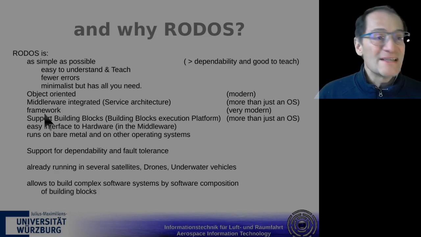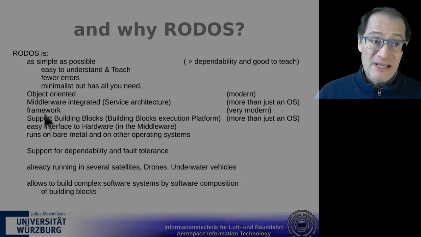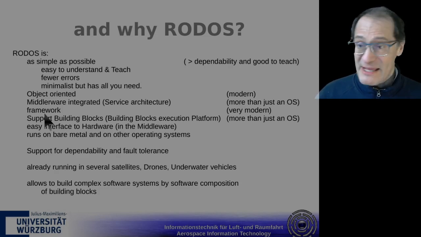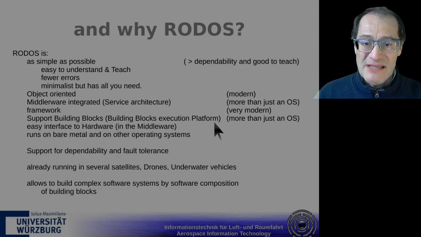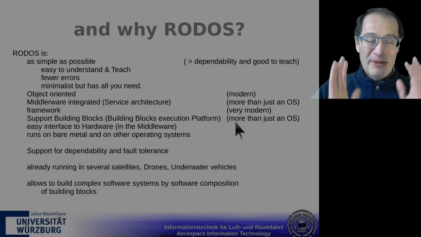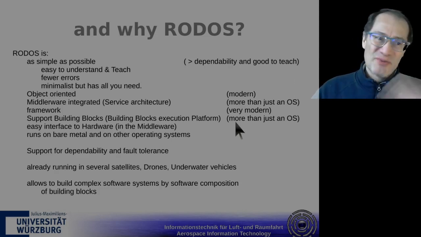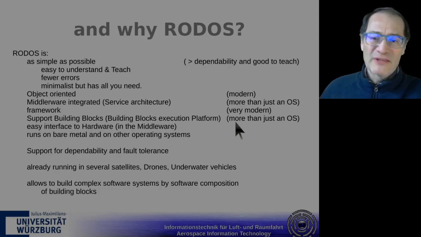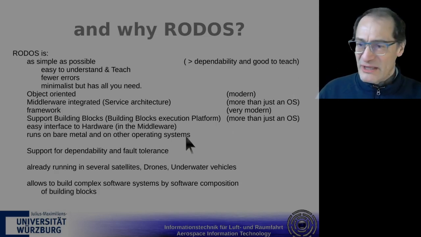With a framework, it's very normal software technology that you can use building blocks and an execution platform. I'm going to explain this later. It executes building blocks, so you can implement your applications as building blocks and just add, remove, substitute, and move from one computer to another computer. This will be explained later in more detail.